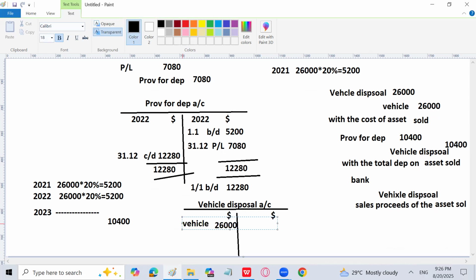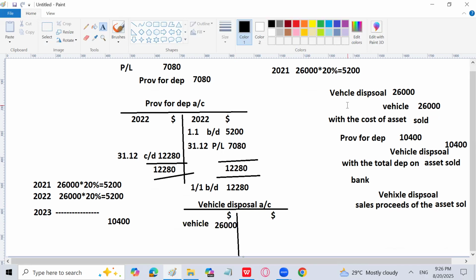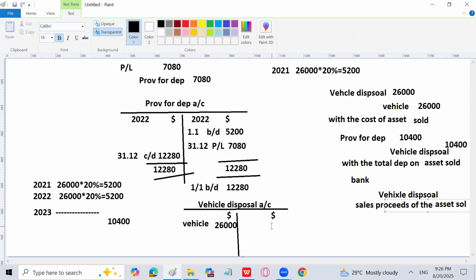So this amount will be credited in the asset account and debited in the vehicle disposal account. क्योंकि वहां से हम निकाल रहे हैं कॉस्ट को और यहाँ पे डाल रहे हैं क्योंकि हमने एसेट अपना सेल कर दिया. तो व्हीकल डिस्पोजल अकाउंट डेबिट हो रहा है 26,000 से, किसकी वजह से? व्हीकल की वजह से. नेक्स्ट एंट्री, व्हीकल डिस्पोजल अकाउंट फिर क्रेडिट हो रहा है बेटा इस दफा, कितने से?